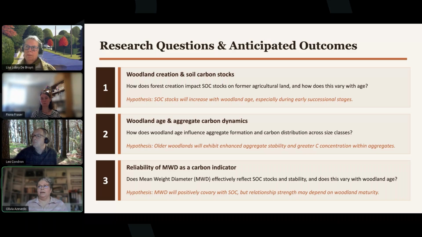Mean weight diameter is the workhorse metric for aggregate stability in agricultural research, where it correlates strongly with soil organic carbon. But nobody had thoroughly tested it in a long-term woodland succession context. We expected it would work as well, but it didn't. Next, please.